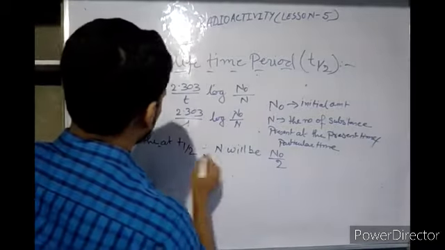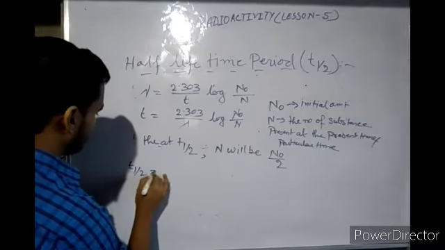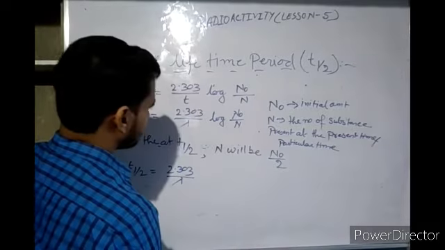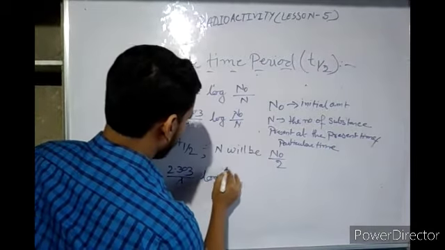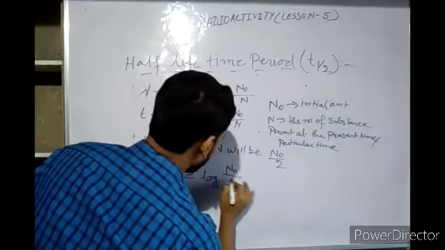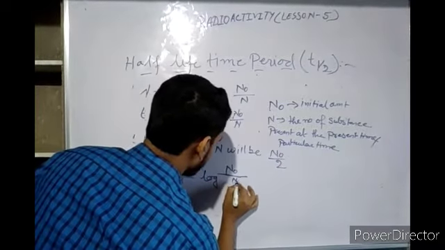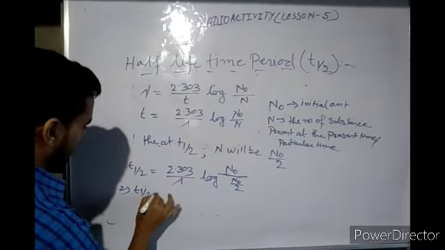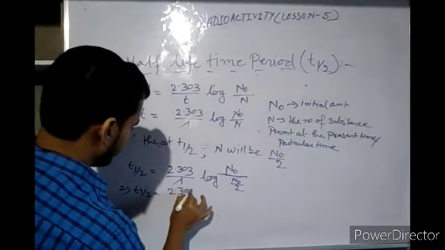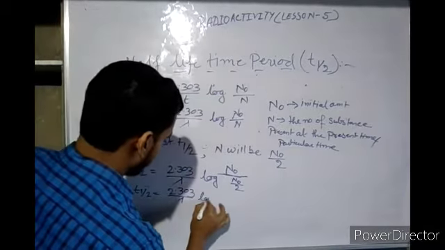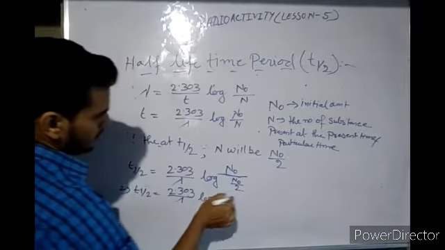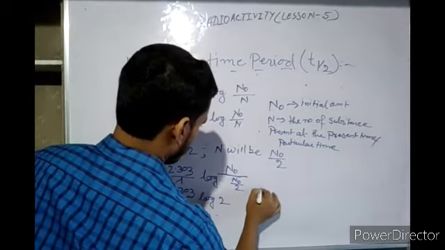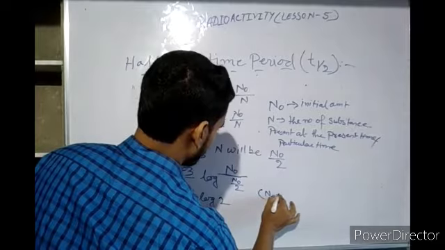Putting the value in this equation, t equal to T half is 2.303 by lambda log N0 by N0 by 2, or T half is 2.303 by lambda log 2, because it alters N0 into 2 by N0.